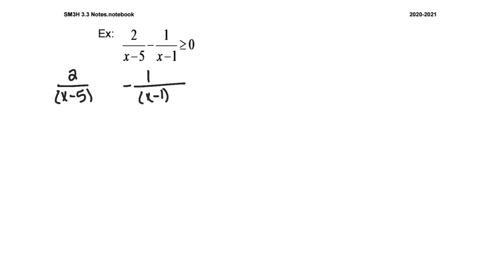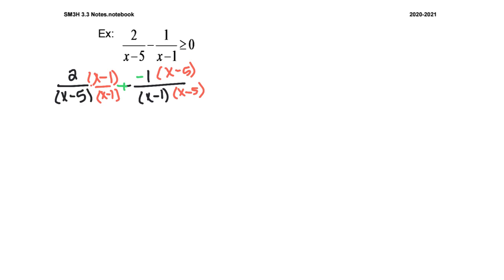So I'm going to multiply the x minus 5 fraction by x minus 1, and I'm going to multiply the x minus 1 fraction by x minus 5. Then I have a common denominator. Pay attention to your negative sign. So I'm going to change it to addition and put the negative up top in the numerator so that I can keep track of it better.